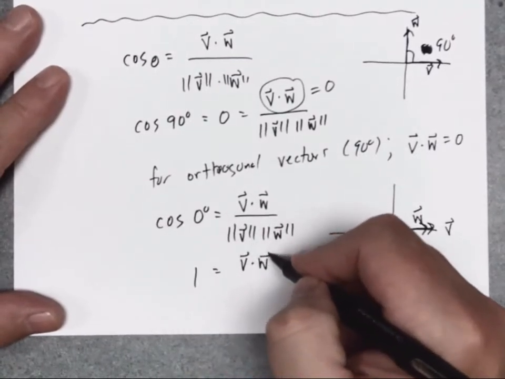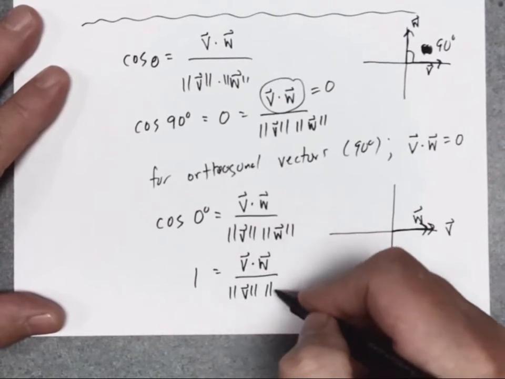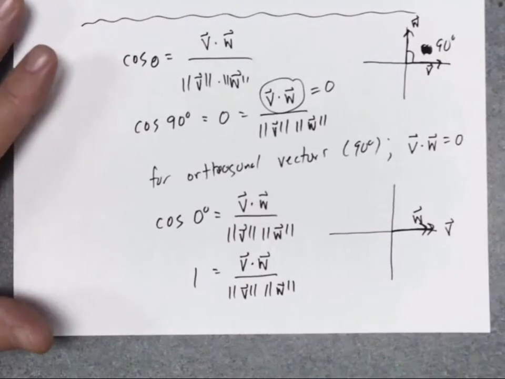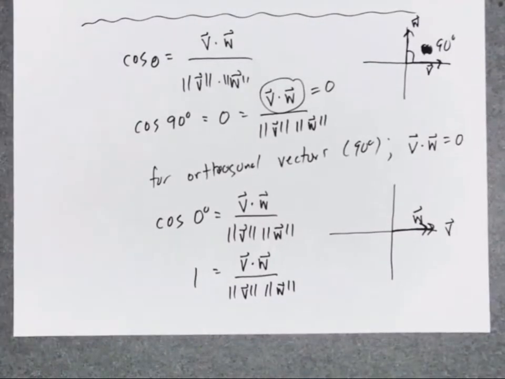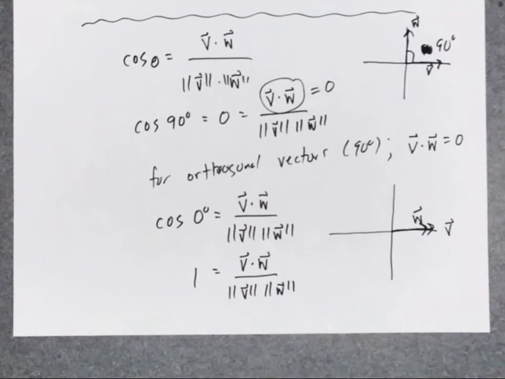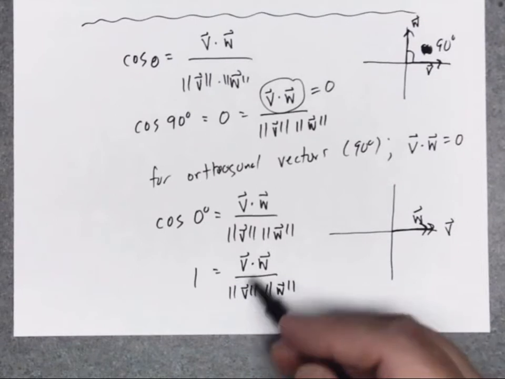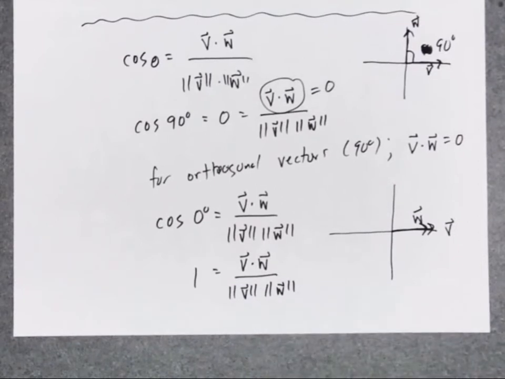So basically, if I'm given two vectors, and I want to find out whether those vectors are parallel and head off in the same direction, you just do this math, and if this fraction here equals 1, then you've got two parallel vectors in the same direction.